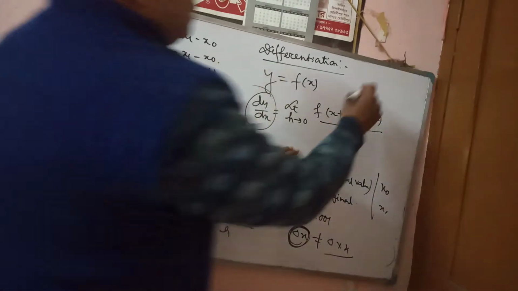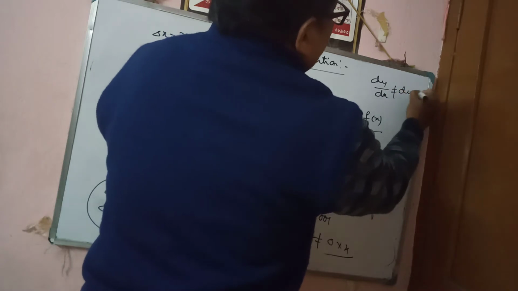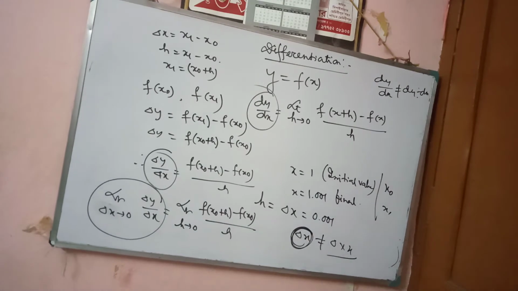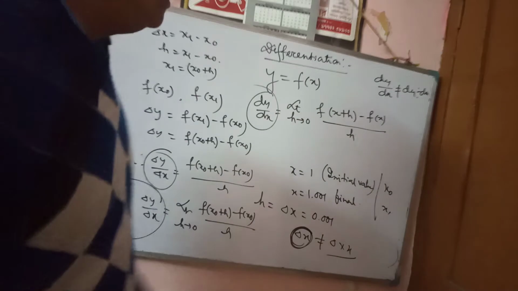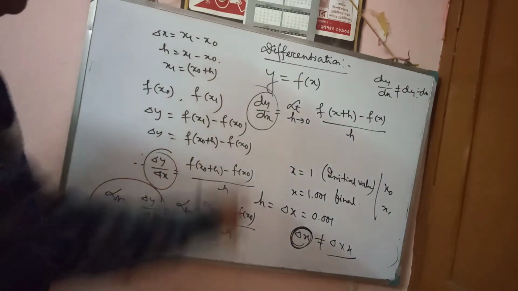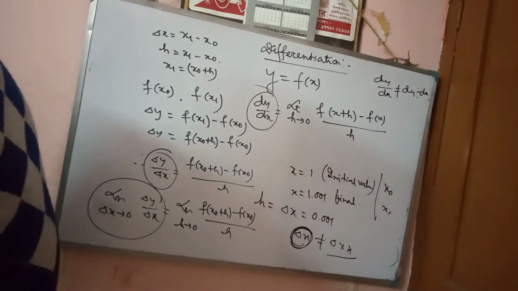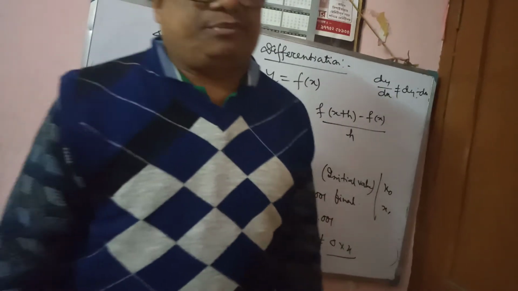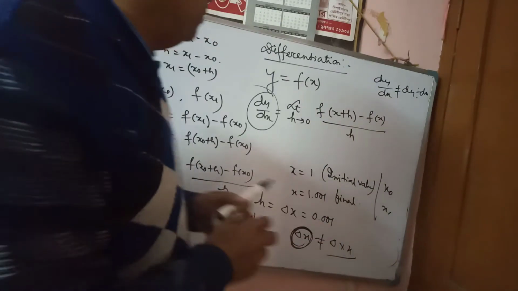Here dy/dx, keep in mind, is not equal to dy divided by dx. Now dy/dx is the limit h tends to 0 of f of x plus h minus f of x, divided by h. This is called the first principle of derivative.